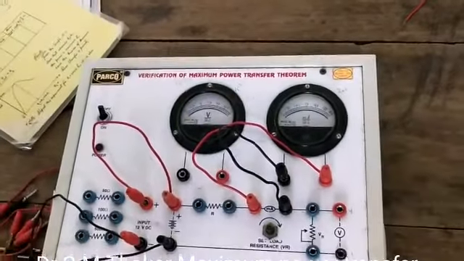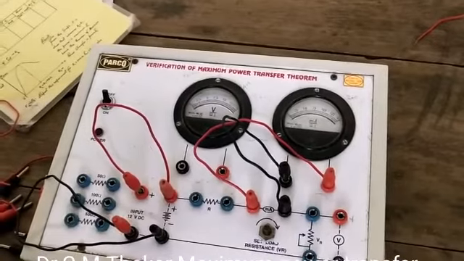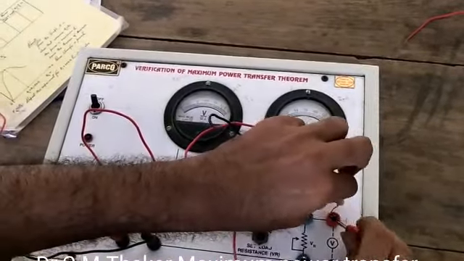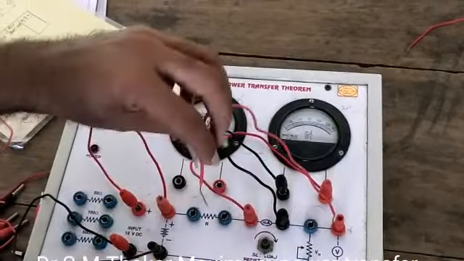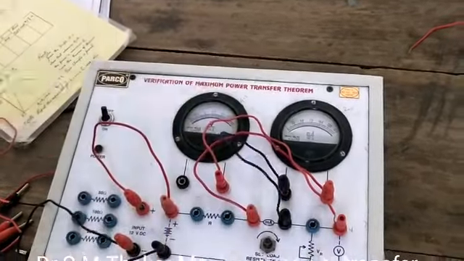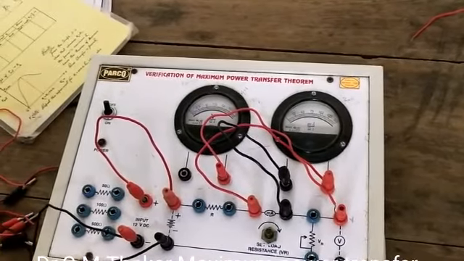Now you have to connect the voltmeter. So the positive terminal of the voltmeter to the positive terminal, and the negative terminal of the voltmeter to the negative terminal.